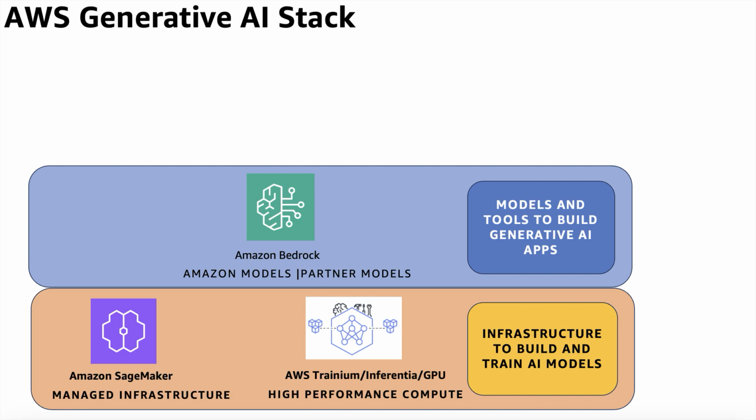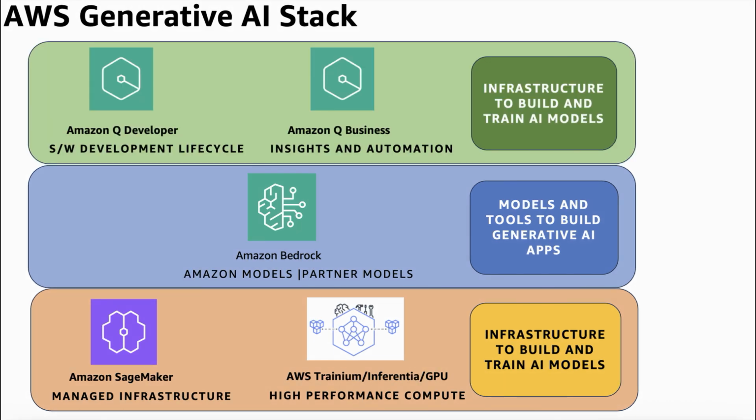It provides secure, private, easy way to build and scale powerful new applications with foundation models. At the application layer, AWS offers solutions like Amazon Q, a generative AI assistant designed for work environments that can access company data and systems to assist with various tasks.